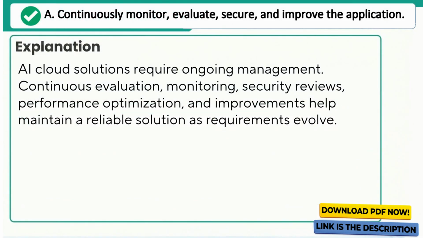Correct answer. A. Continuously monitor, evaluate, secure, and improve the application. Explanation. AI cloud solutions require ongoing management. Continuous evaluation, monitoring, security reviews, performance optimization, and improvements help maintain a reliable solution as requirements evolve.